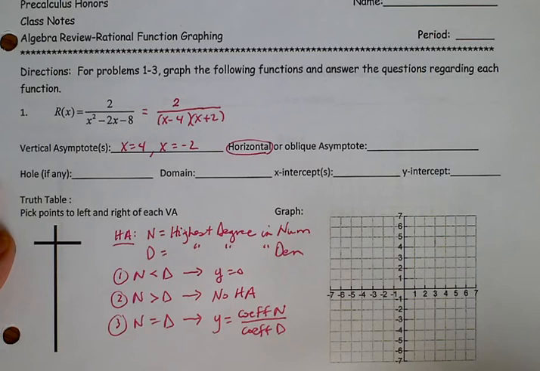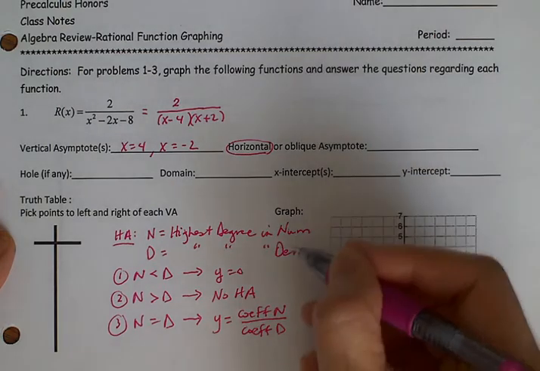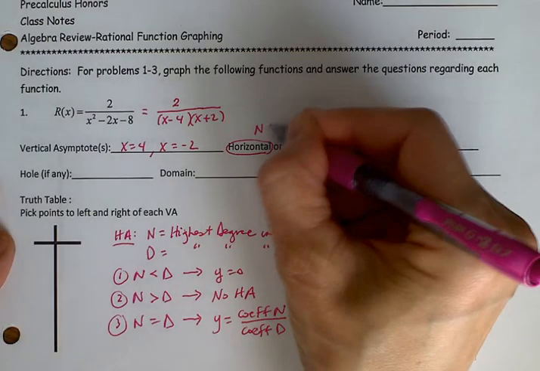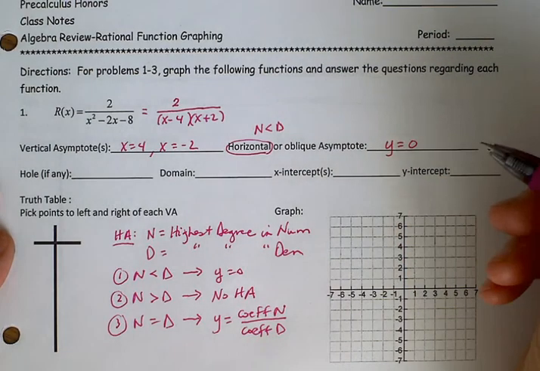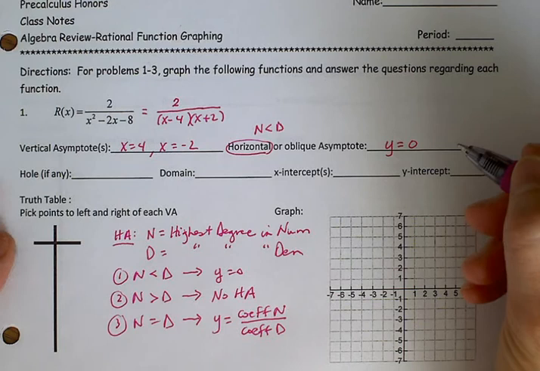In our problem, the numerator's power is less than the denominator's, so there is a horizontal asymptote at y is equal to 0. For our particular problem, there's no oblique asymptote, and I'll talk about oblique asymptotes on the third example.